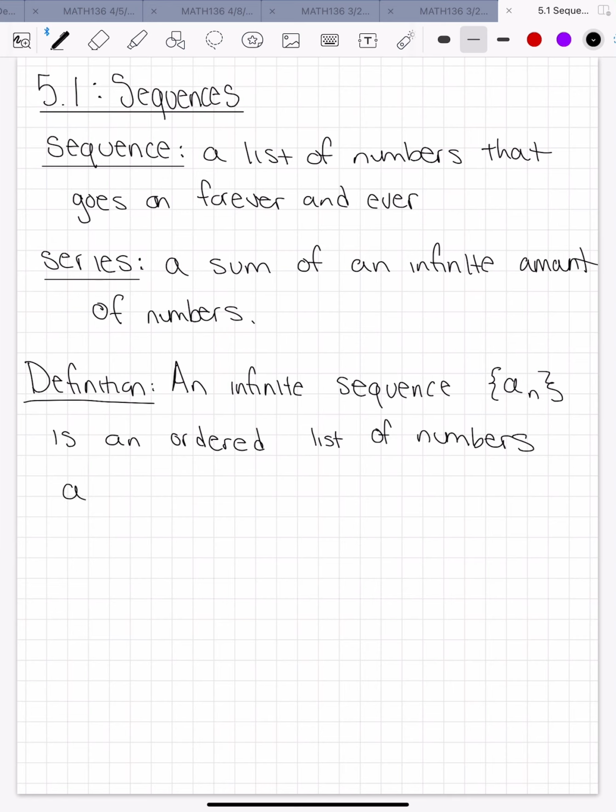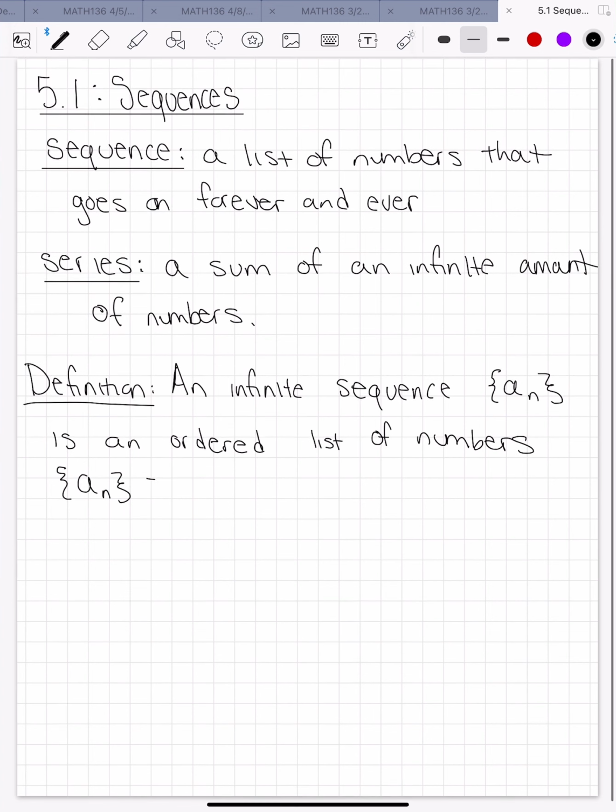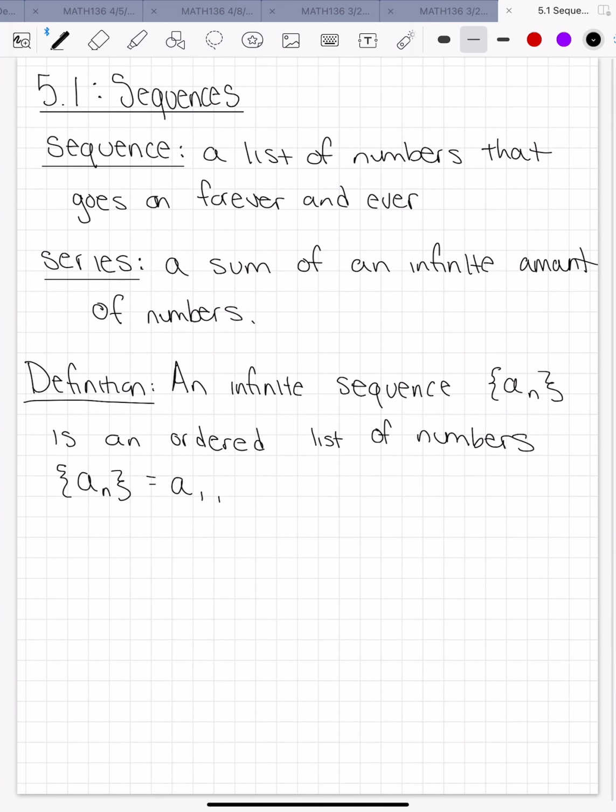A1, so that curly brace a_n expands to a list: A1, A2, A3, A4, so on and so forth, up to a_n, a_(n+1), and so on.